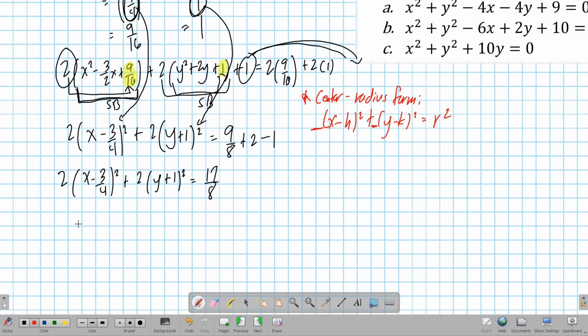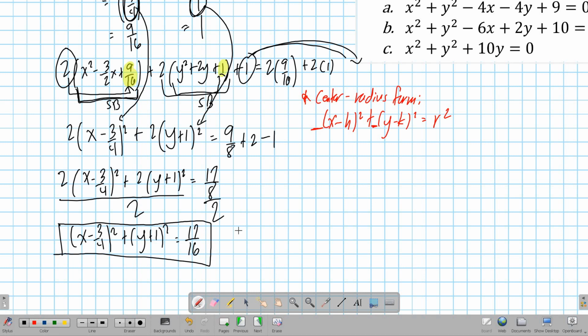So, dapat ang gagawin, to remove that 2, we divide both sides by 2. Therefore, we're going to have x minus 3/4 squared plus y plus 1 squared is equal to 17 over 8 divided by 2, which is equal to 17 over 16. Ayan. So, ayun. This is now our equation in center radius form.